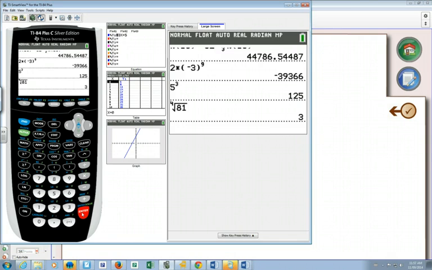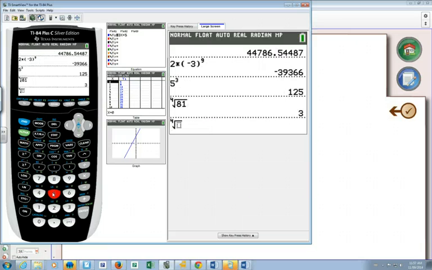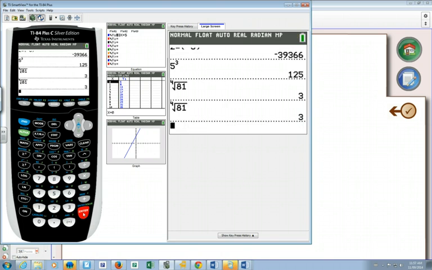If you have a TI-83, you have to push 4 first and then go to your math button and go to number 5. And it'll automatically put that 4 in. So you can do it both ways. Push the 4 first and then enter, and then it'll automatically put that into your calculator. And you'll get the 4th root of 81.